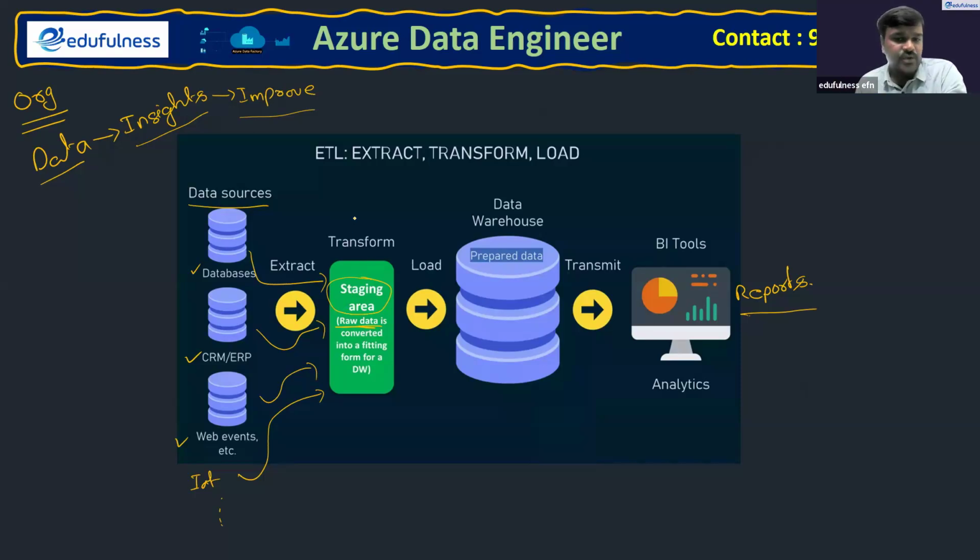That whole process you call transformation. You extract the required data from multiple devices, keep it in the staging area, then table by table, you transform it into your required form.